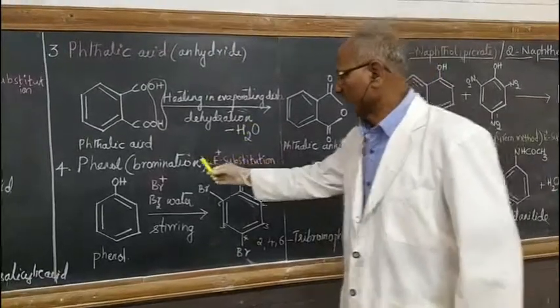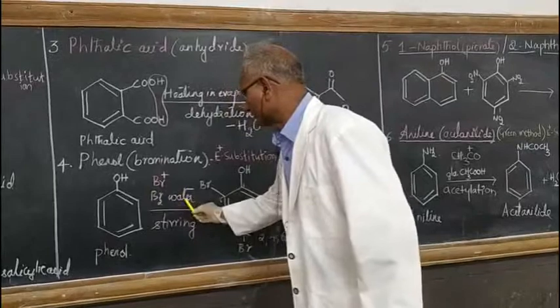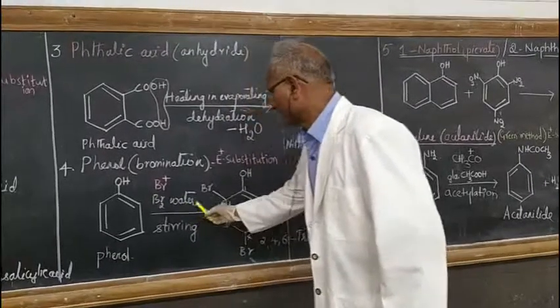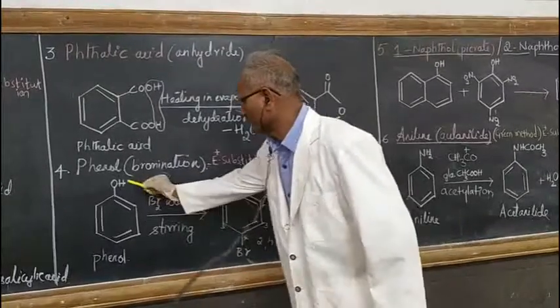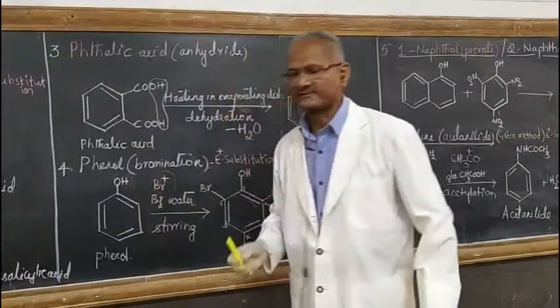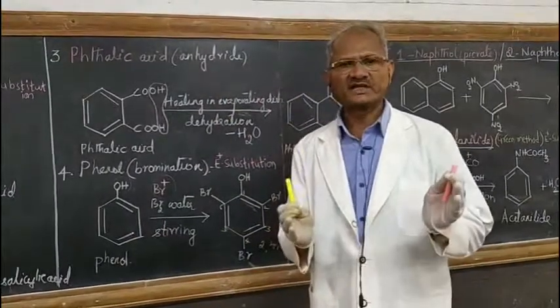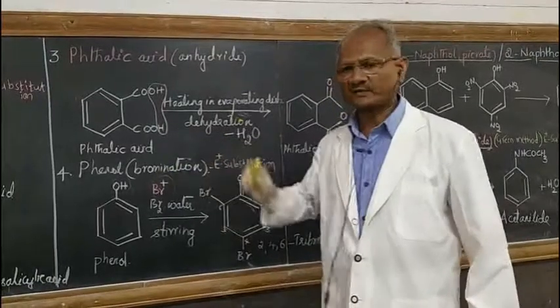And now I am taking phenol. Phenol reacts with bromine water, and this is the electrophile generated here. We know that the hydroxyl group is an ortho para director. It directs the incoming electrophile Br plus to enter into ortho and para positions.